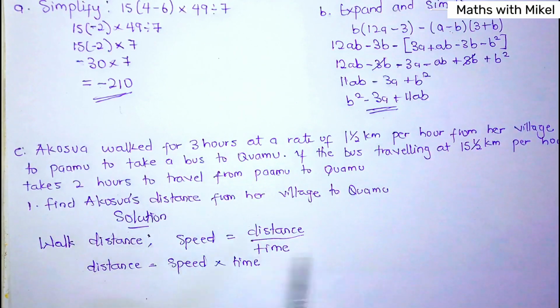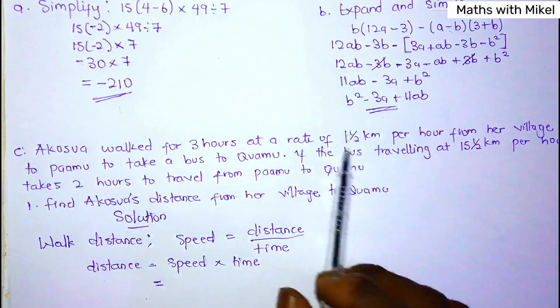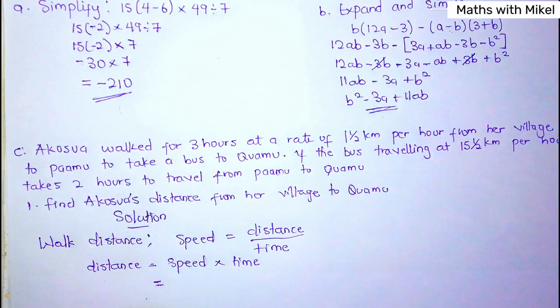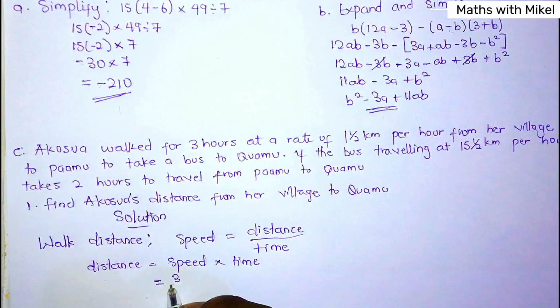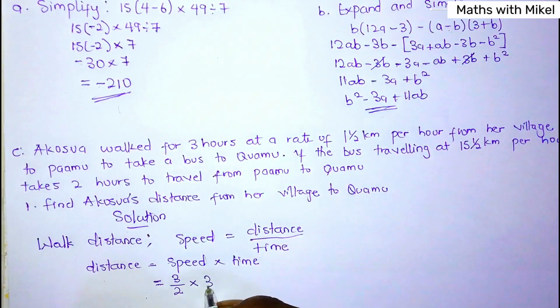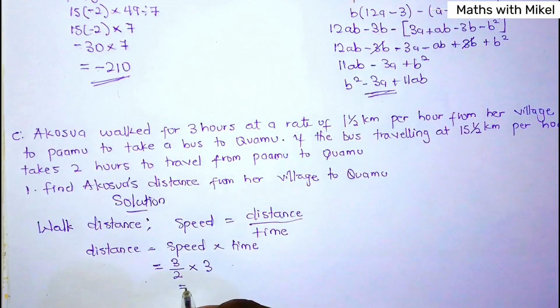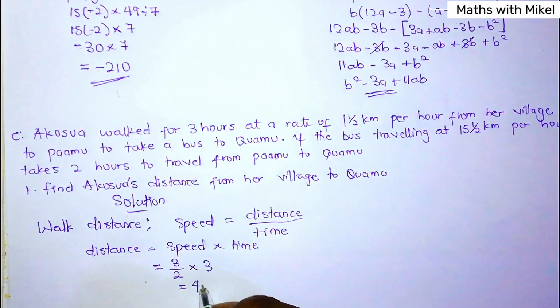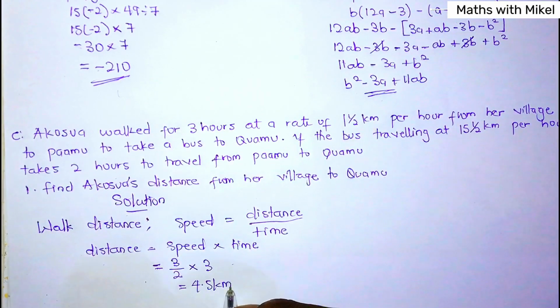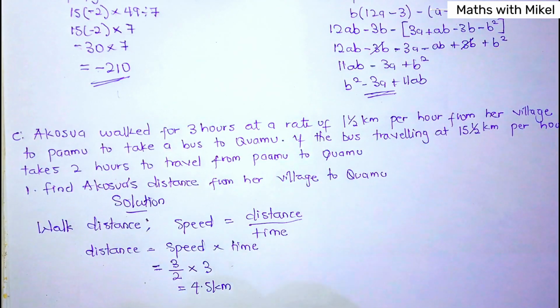So Akosia's walk distance is going to be the speed, which was given as 1/2. And 1/2 is the same as 3/2. So I get 3/2 times the time taken, which is 3 hours. And I get her walk distance to be equal to 4.5 km.